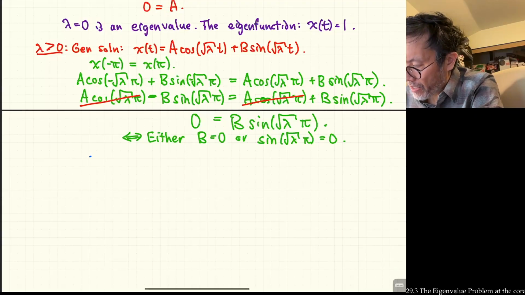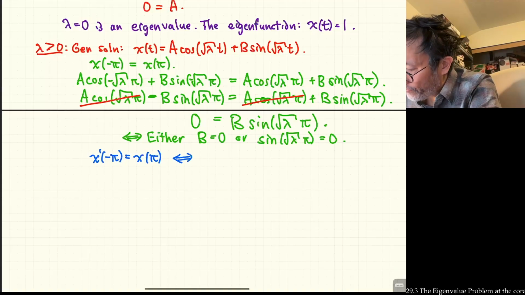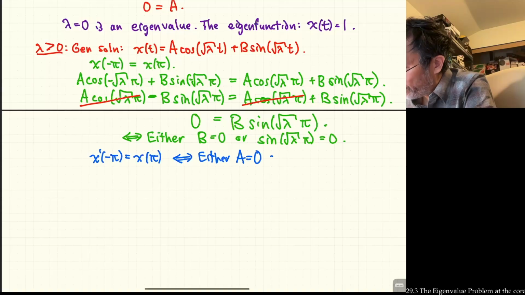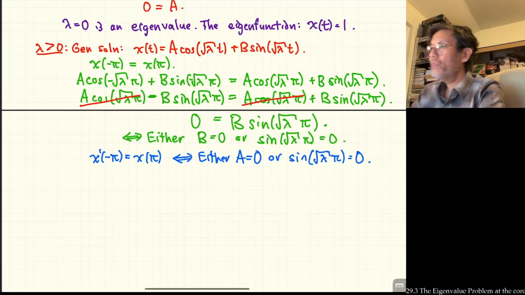So if you check what x prime of negative pi being equal to x prime of pi implies, this is true if and only if either a is 0 or sine of square root of lambda times pi is 0. Okay?